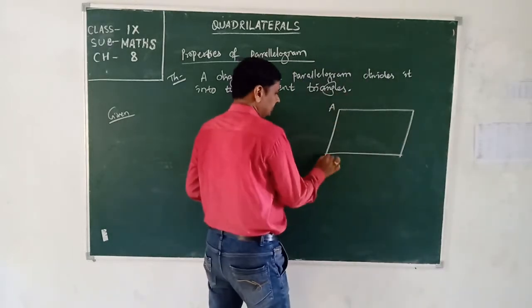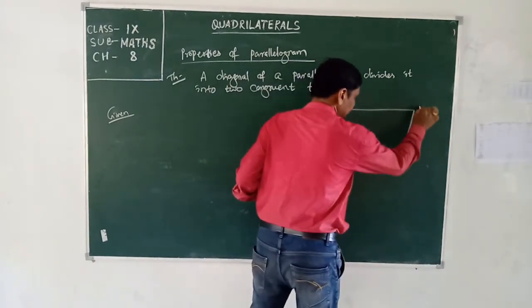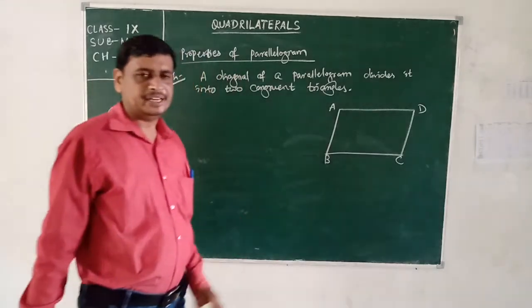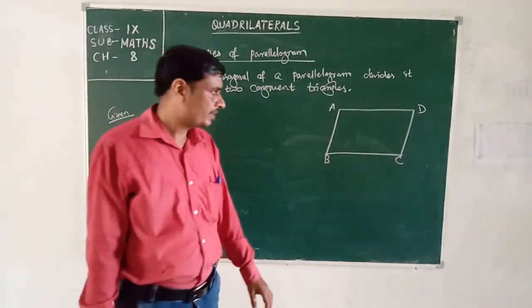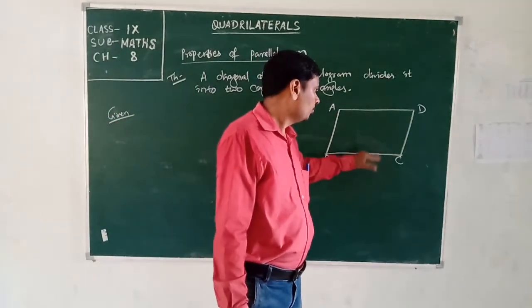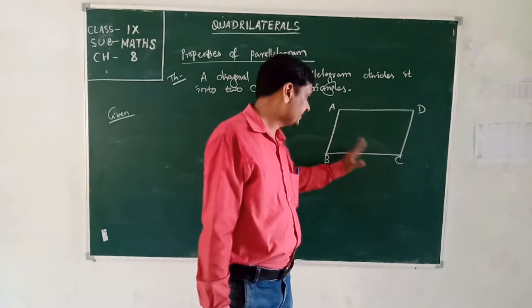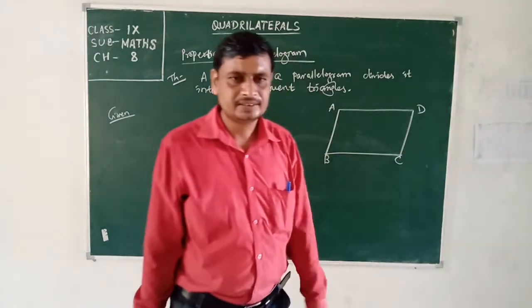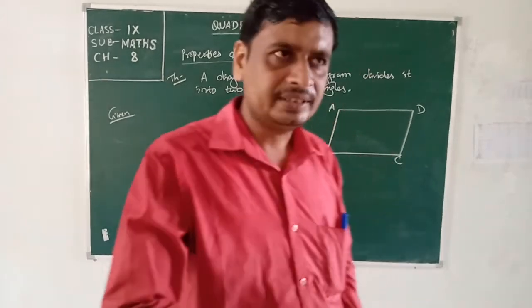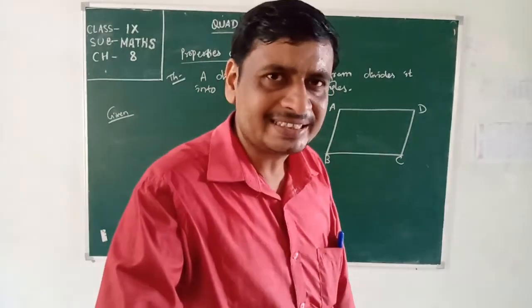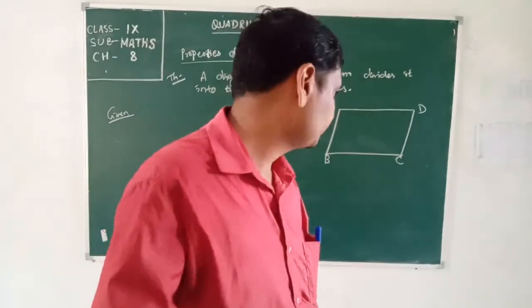Let ABCD be a parallelogram having both pairs of opposite sides parallel. Since it is a parallelogram, both pairs of opposite sides are parallel to each other.